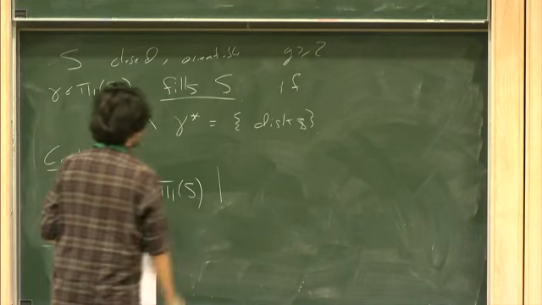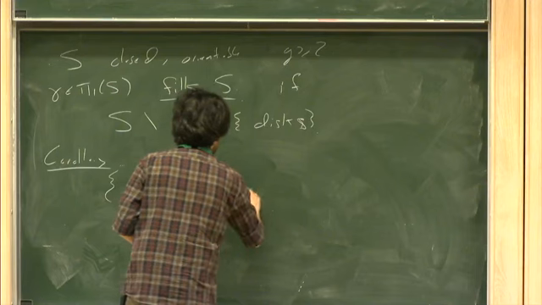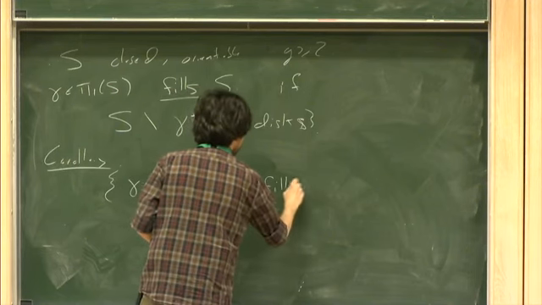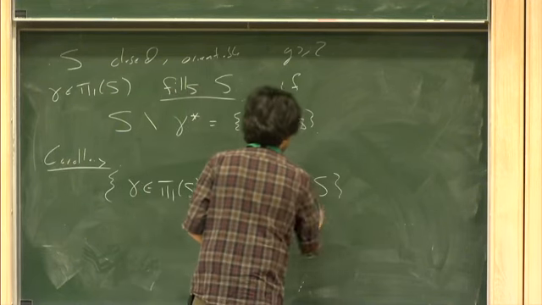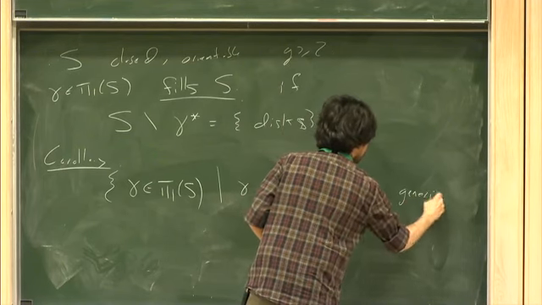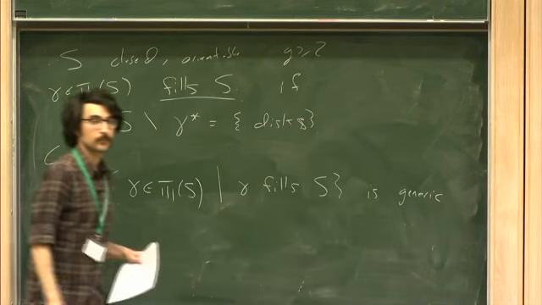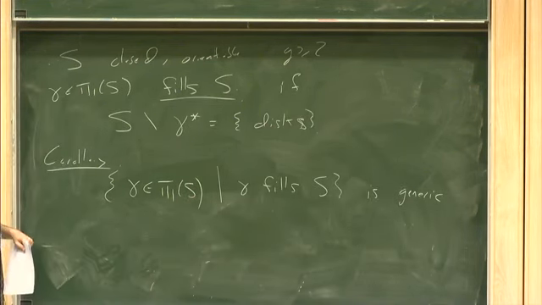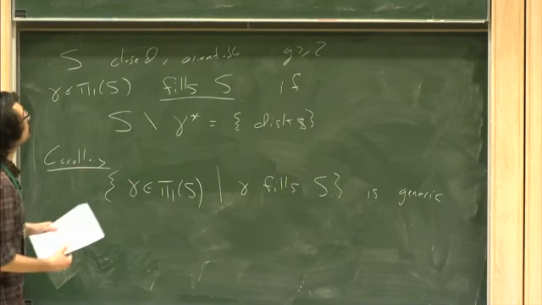Okay, so then application, corollary. If I look at the elements of the fundamental group of S such that gamma fills S, this is generic. So we can even prove it. It's a very simple proof.